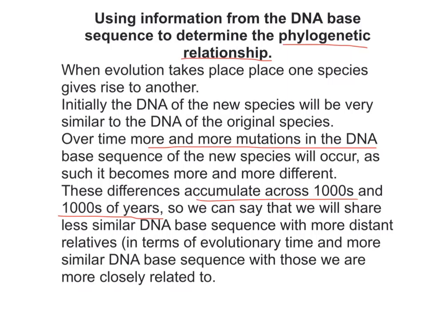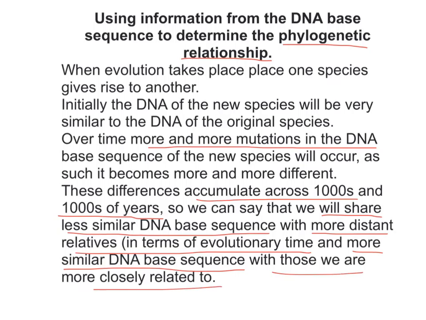And so what we say by the end of it is that we share less similar DNA-based sequence with more distantly related relatives in terms of evolutionary time, and more similar DNA-based sequence with those that we're more closely related to.